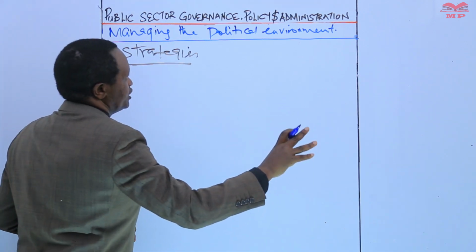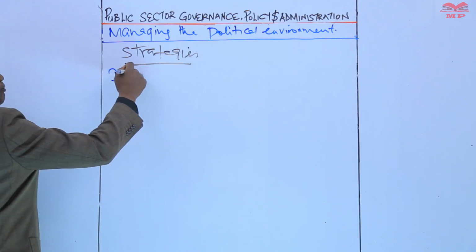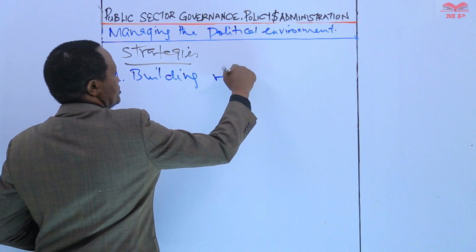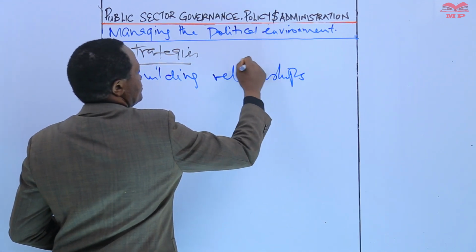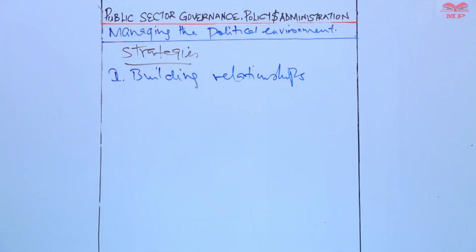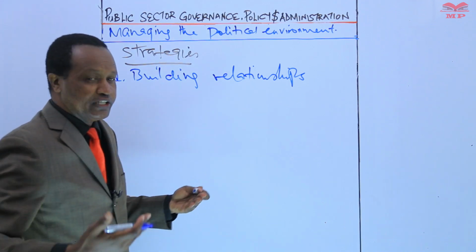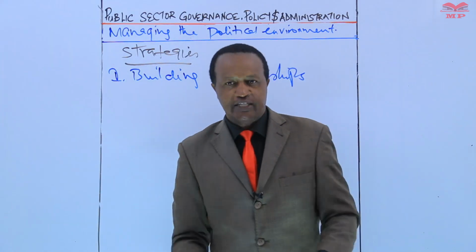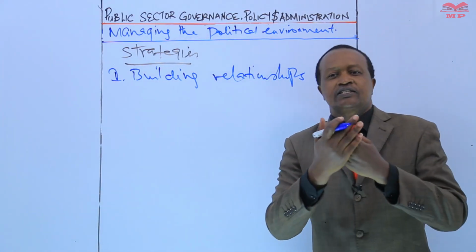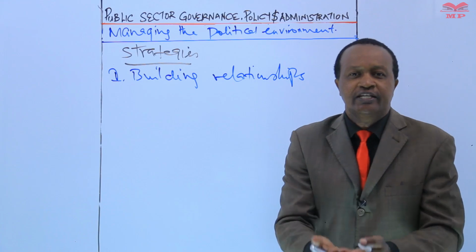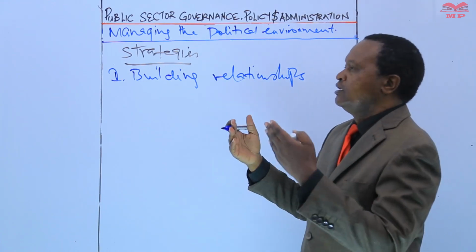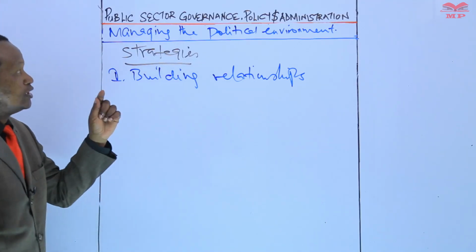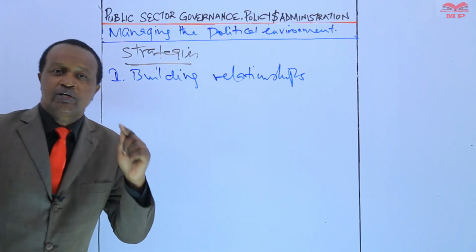One way to manage the political environment is through building relationships. That means establishing and maintaining positive relationships with key stakeholders, such as legislators, interest groups, the media, the public, community-based organizations, members of the citizenry, and so on.